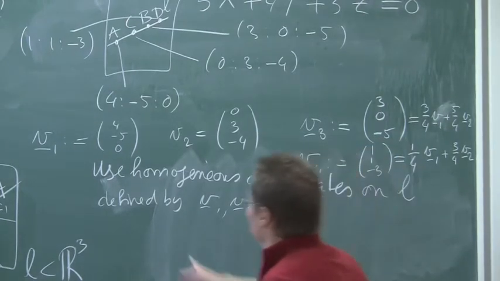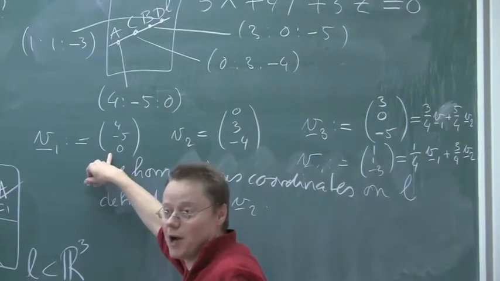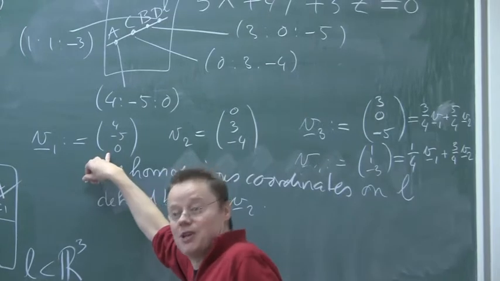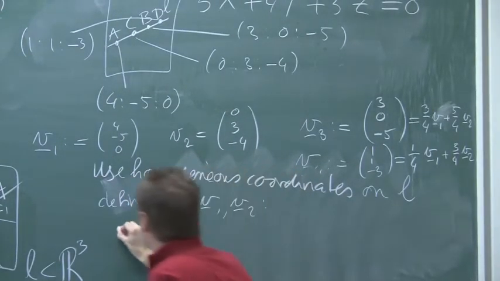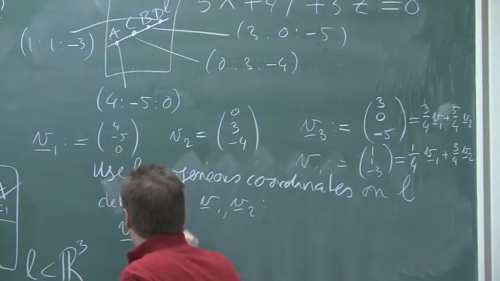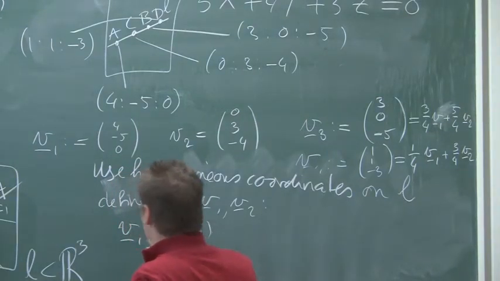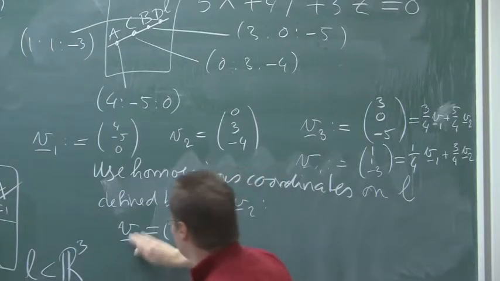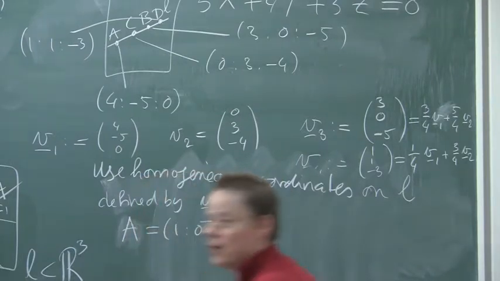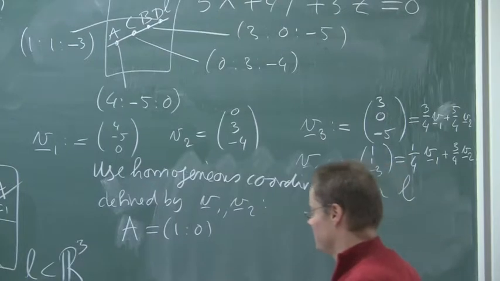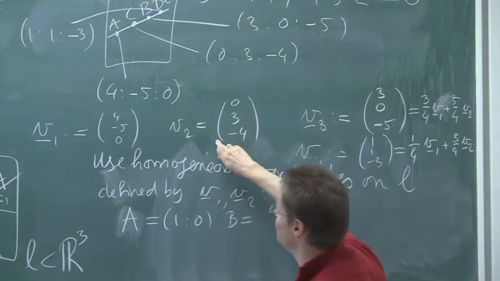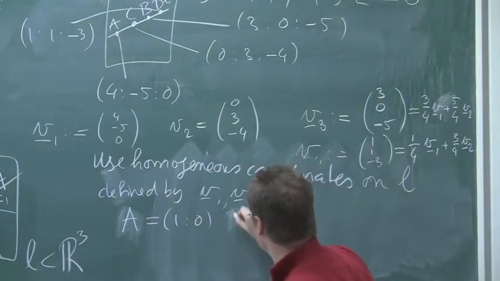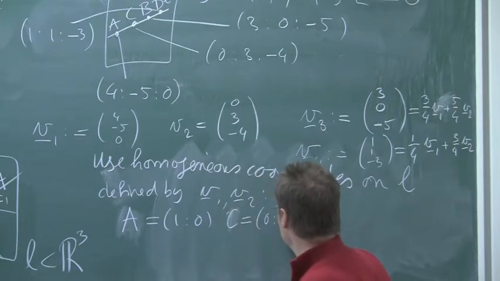Well, that's easy. This, of course, has coordinates 1 and 0. 1 times v1 plus 0 times v2. So v1, I mean the line represented by v1, so A, capital A. Capital B, no, this was C, wasn't it? C, yes. C, 0, 1.